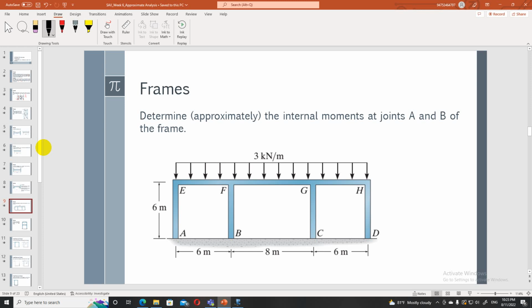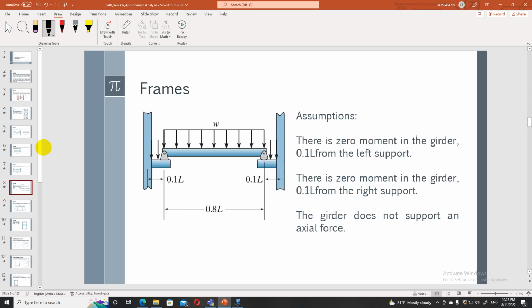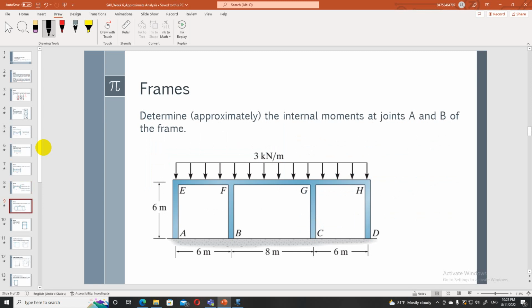If the column is extremely stiff, we can assume the point of inflection to occur at 0.21 L, and in practice we can assume 0.1 L, convert it like this and then solve the problem. So that is how you can approach frames.